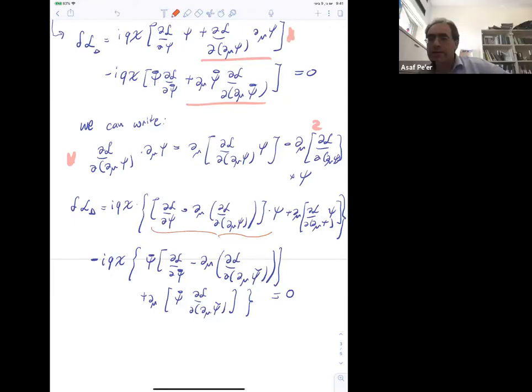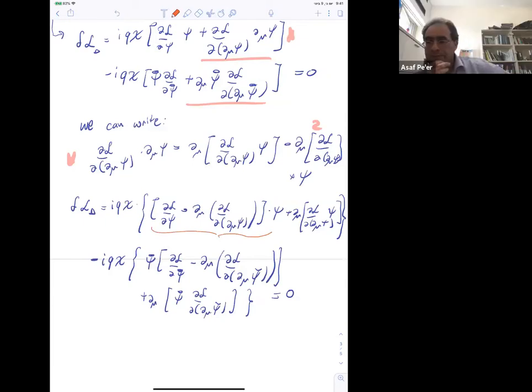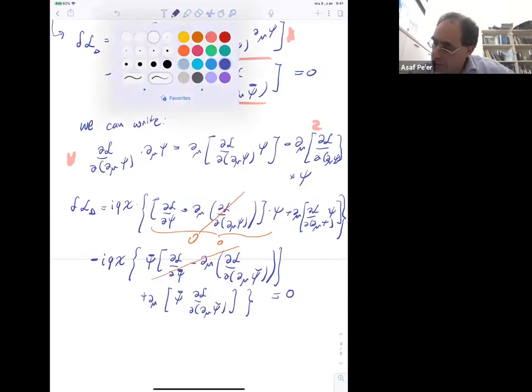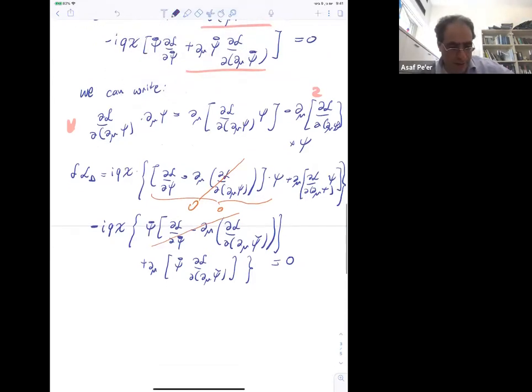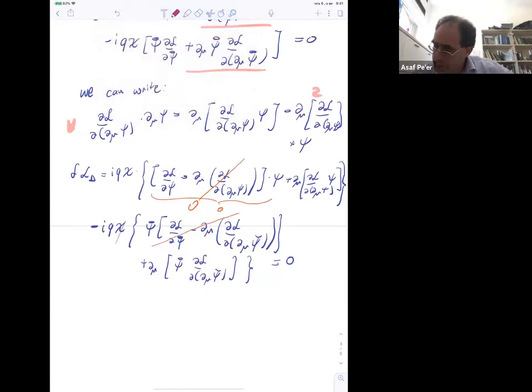Right, guys? The equation of motion according to Euler-Lagrange is 0. This is 0 by the Euler-Lagrange. So what we're left with, now I can take the minus i and psi and pi away as well. I don't need them anymore.